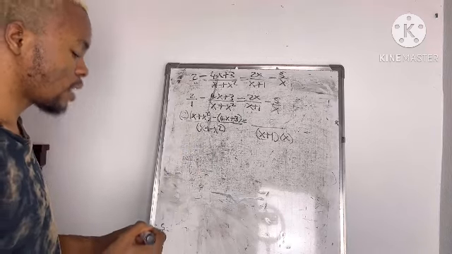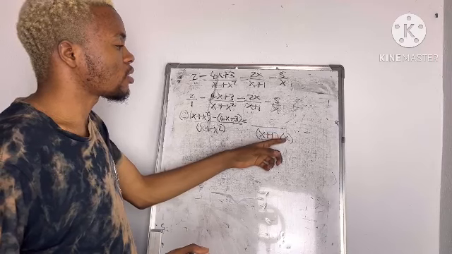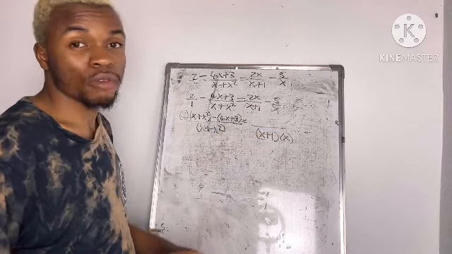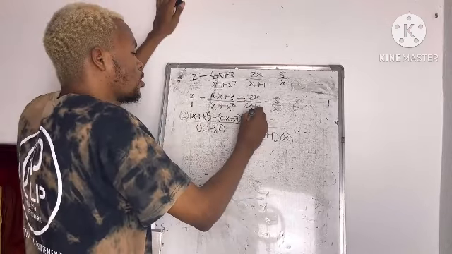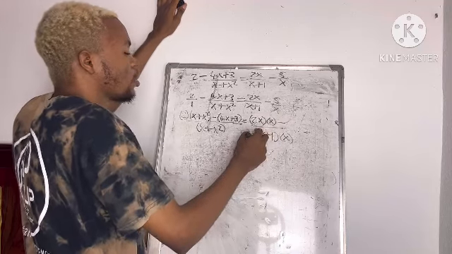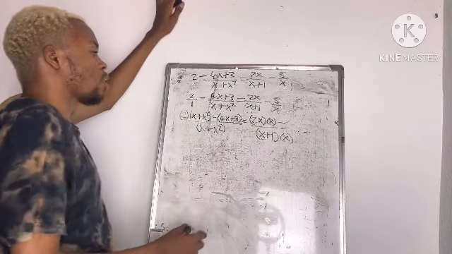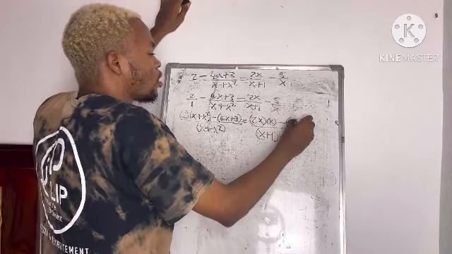So having that in mind, x plus 1 times x is divided by x plus 1. X plus 1 cancels out and you are left with x. So x times 2x, you have 2x. Then x plus 1 times x divided by x cancel out and you're left with x plus 1. So times 5, you have 5 into x plus 1.